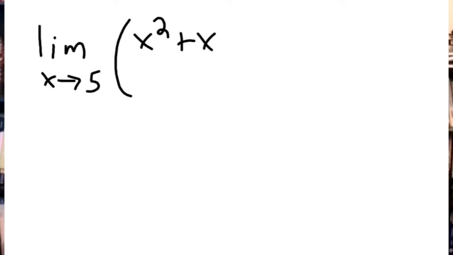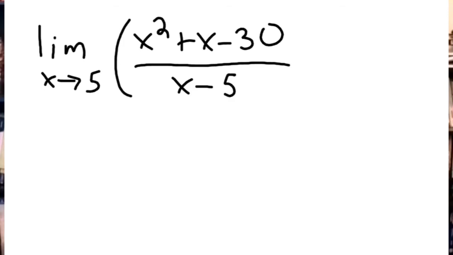Okay, so for our first problem, we have the limit as x goes to 5 of x squared plus x minus 30 over x minus 5. Now, again, the first thing we want to do is try to plug 5 in for x.